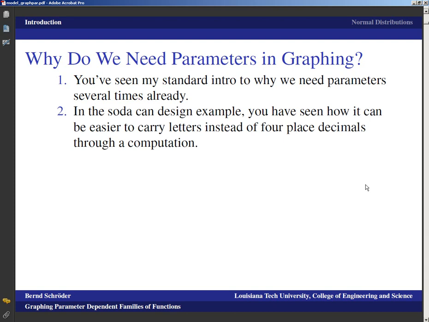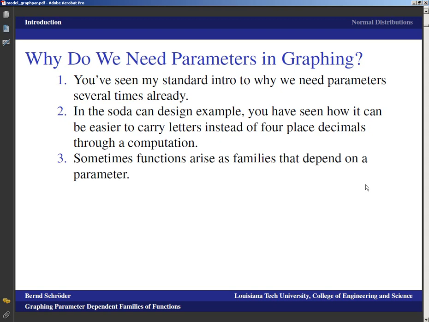In the soda can design example, we've carried letters instead of all those ugly 4-place decimals through the computation, and that made things a little bit easier to read, at least after you're used to carrying letters rather than all those decimals. And I mean, those decimals, they were ugly. There's nothing else I can say about that. That's not a value judgment on the design. The design is good, but carrying 4-place decimals just isn't necessarily my cup of tea.